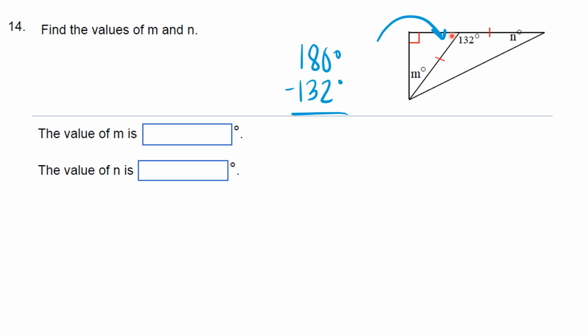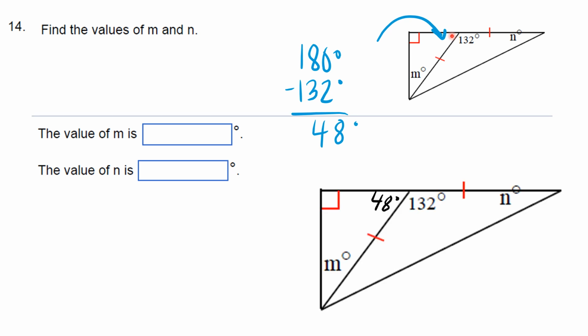All right, so I just did 180 minus 132 to figure out the value of that angle, so that is 48 degrees. All right, so then I just came down here and drew or copied down this triangle and started filling it in. All right, so to figure out M, I know that for this triangle on the left, these three angles need to add to 180.